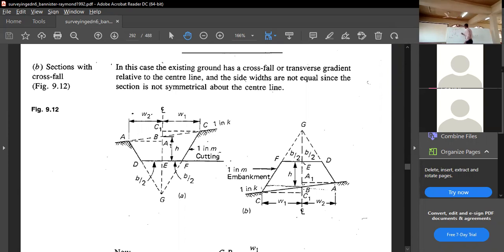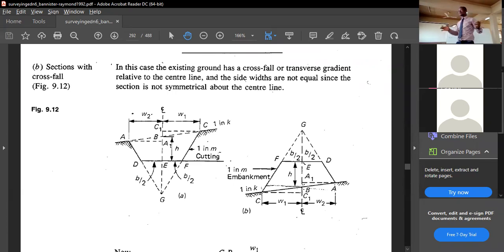The slope goes this way, there's a certain slope, a constant slope of 1 is to k, but then we have our normal side slope 1 is to m. So these are two different things. Obviously we drop down our center line here, and B on 2, yes, W will be different now.